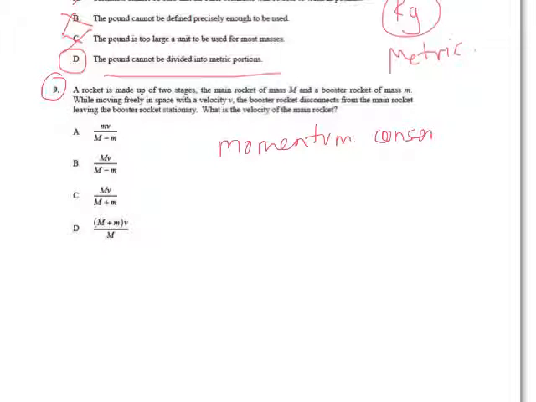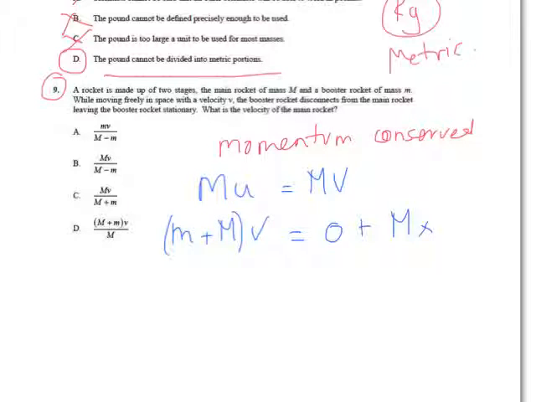Okay, so let's have a look at the relationships that we have to use. The momentum before has to equal the momentum after. The momentum before is the mass of both the rockets together times v, and the momentum after is 0 for the booster rocket, which has ended up with no velocity, plus the rest of the rocket times this velocity x, which we're trying to figure out.